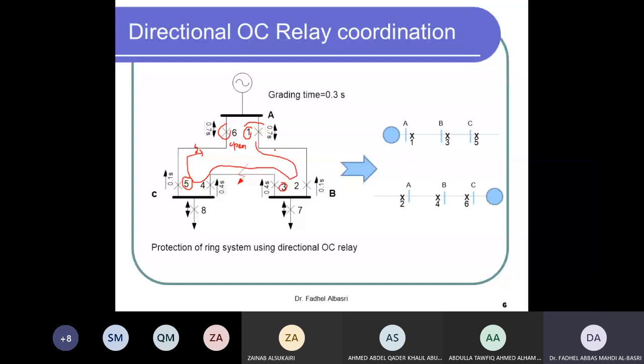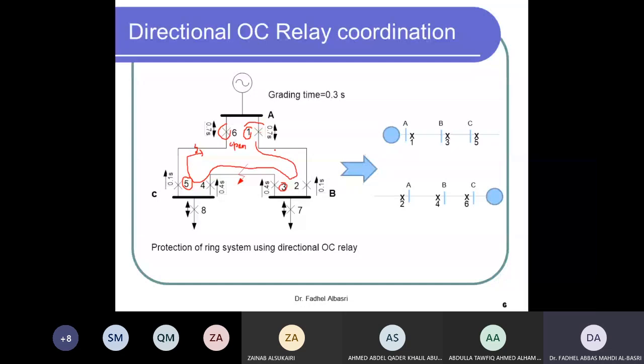I will start with 5. I'll make it at my minimum time. Suppose I coordinate by time. So I'll set 5 at minimum time, say 0.1 second. Then I'll go to this one and add the coordination time interval, let's say 0.3 second to it.